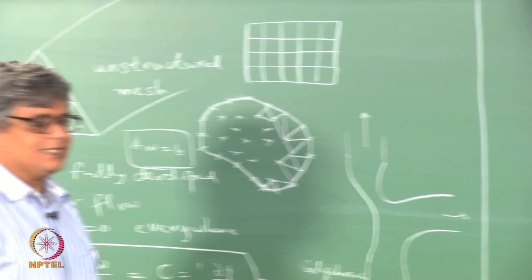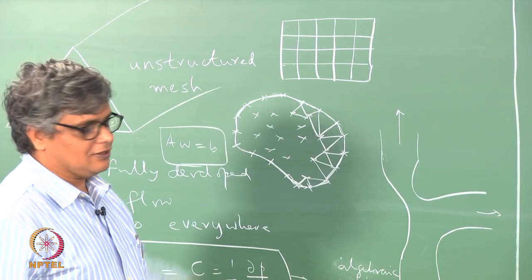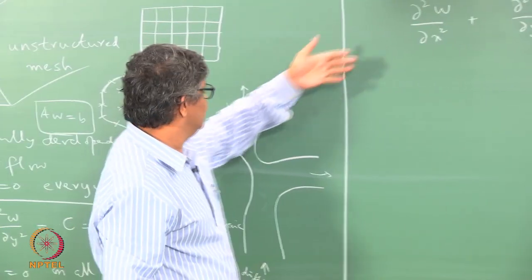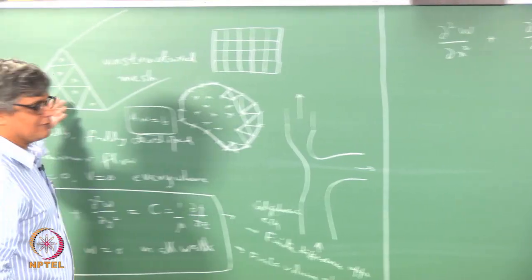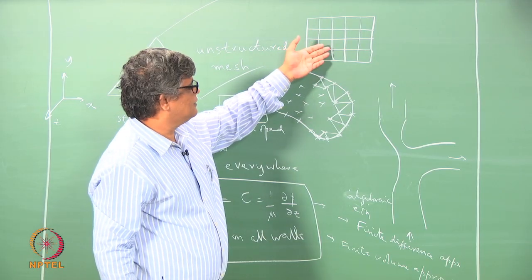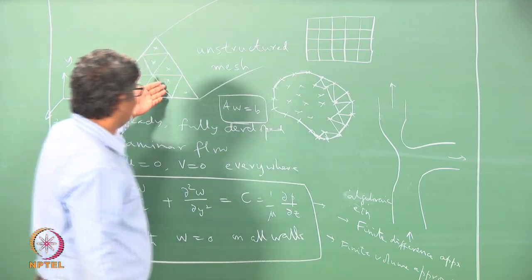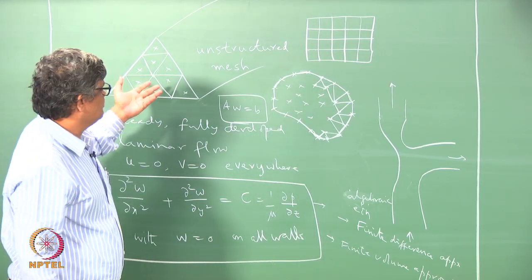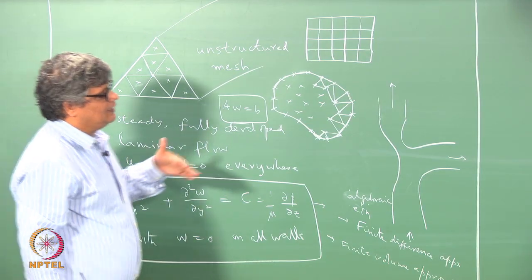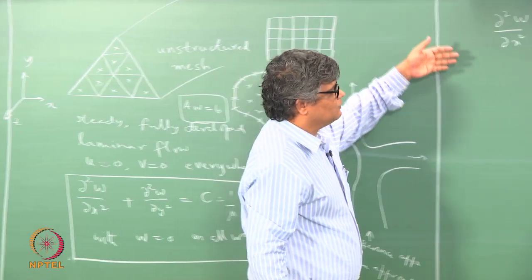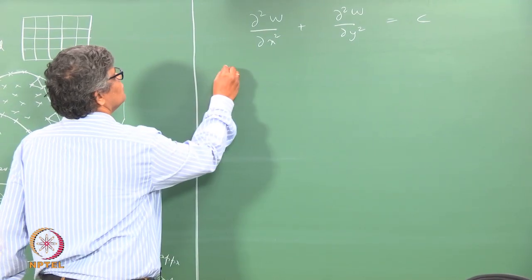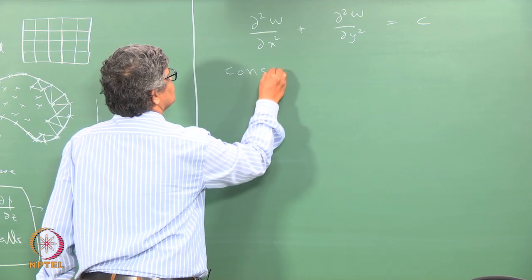When we are doing the finite volume approach for discretizing this, writing an approximate form of this over an unstructured mesh, not necessarily a rectangular cross section like this, but a triangular or polygonal cross section of an arbitrary shape, we would like to write this equation in a special form known as the conservation form.